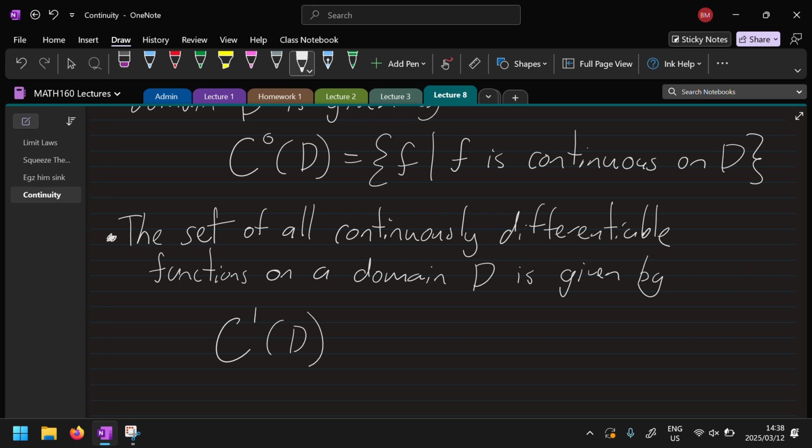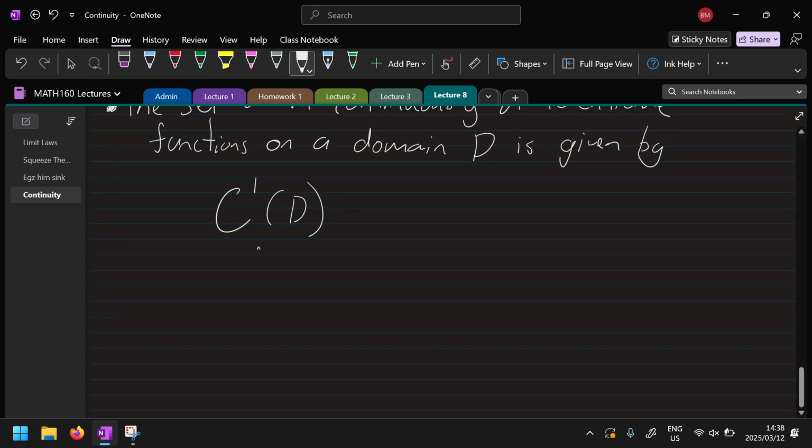If it remains continuous after two derivatives, then it belongs to C2. If it remains continuous after k derivatives, it belongs to Ck. So this continues down. Ck is the set of all k times continuously differentiable functions.